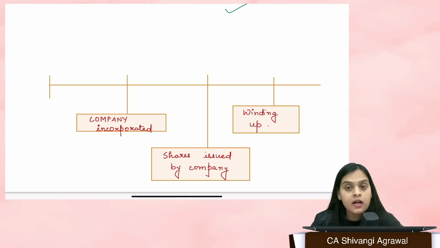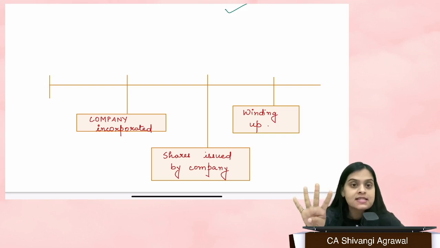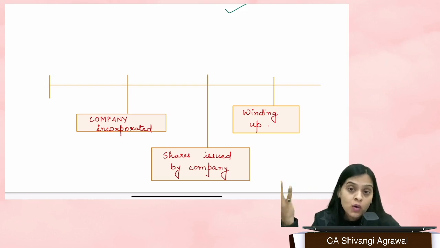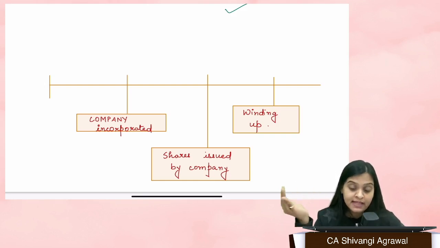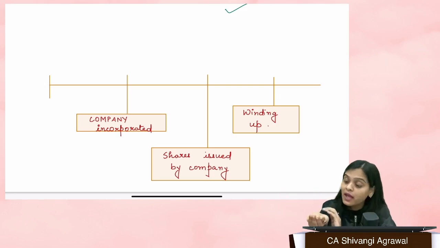Okay, now listen to me very carefully. Four friends decided to form a company. They have not yet formed a company. They cannot be the shareholders or the members of the company because the company has not yet been formed. They have decided to subscribe to the document of the company.